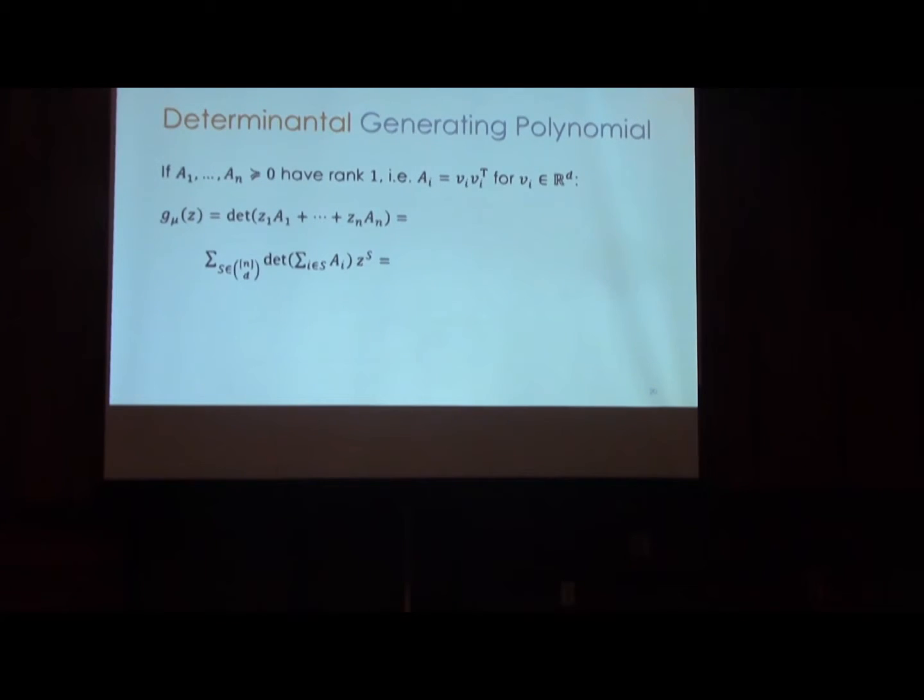So by the Cauchy-Binet formula, you can rewrite this determinant in terms of subsets of size d of these A_i. Take a subset of size d of the A_i, take the determinant of the sum in that subset, right? The determinant of the sum in that subset would be exactly this term, and sum this over all subsets of size d, where d is the dimension of the space.